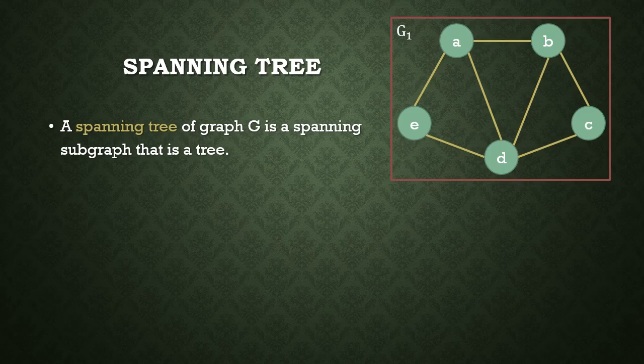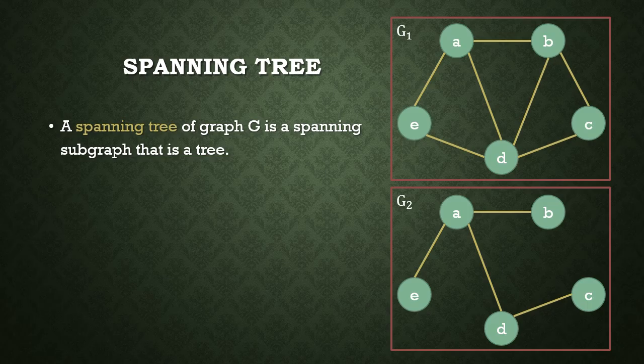For a spanning subgraph, we take all the nodes in G1, but we select only a few edges from G1. So we make a graph G2. Now this is a subgraph and it is a spanning subgraph. It is acyclic and it is connected.